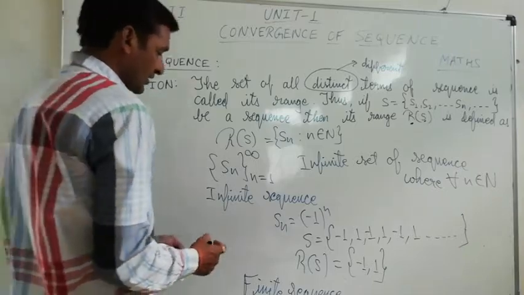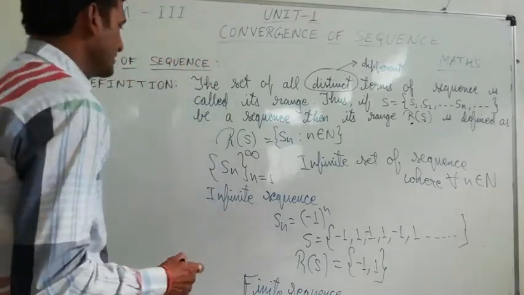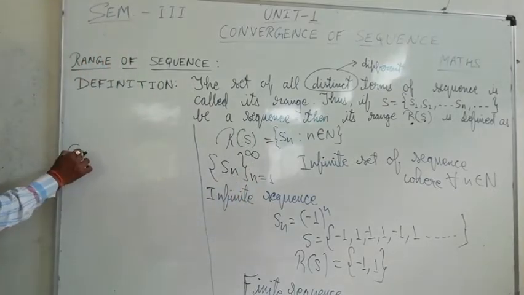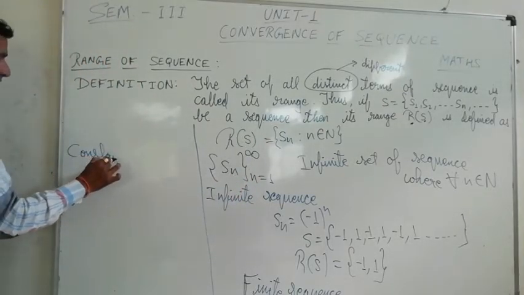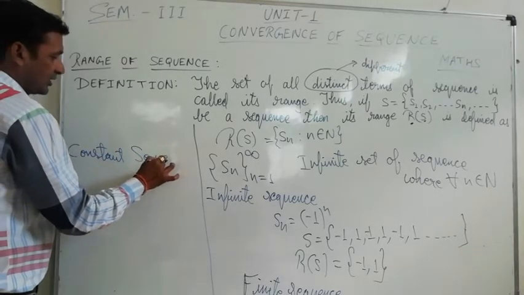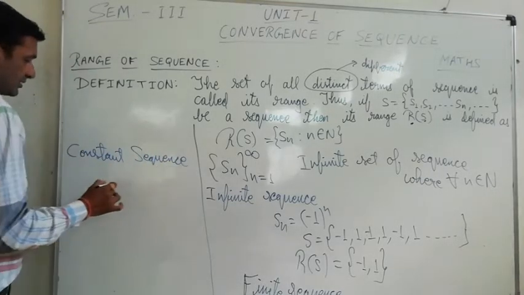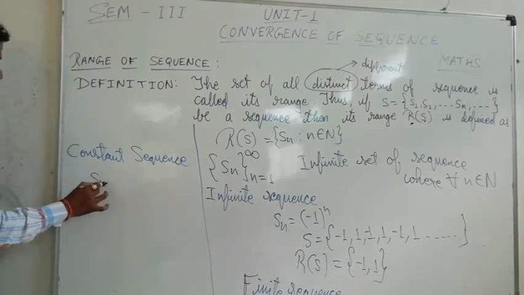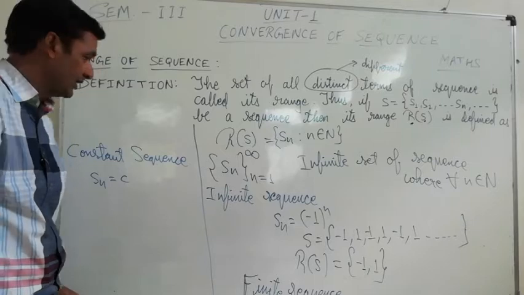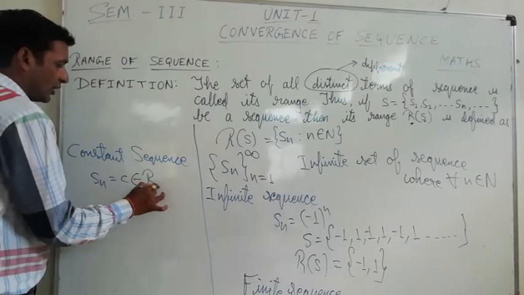One more type of sequence is known as a constant sequence. Let me explain the constant sequence. What is a constant sequence? Suppose a sequence Sn = C for all n, where C is an element of R, a real number.